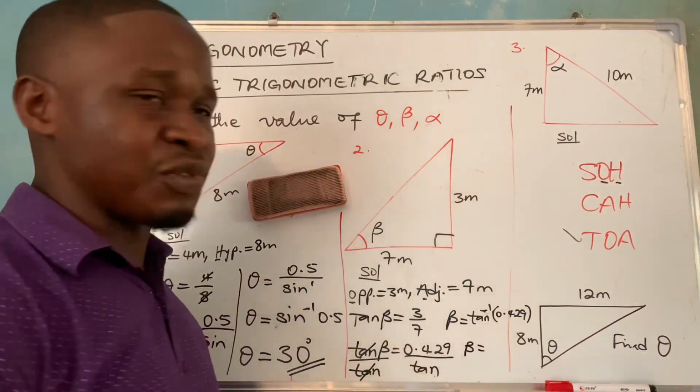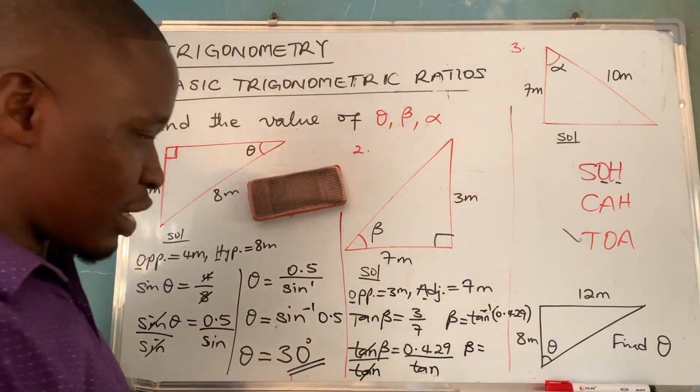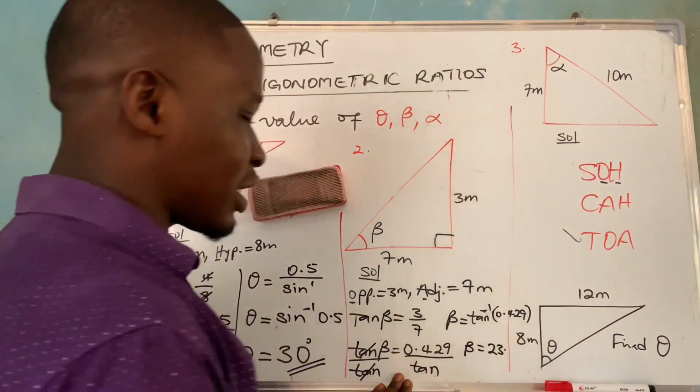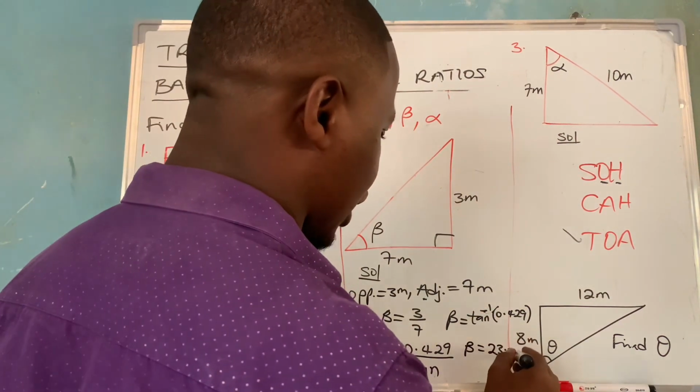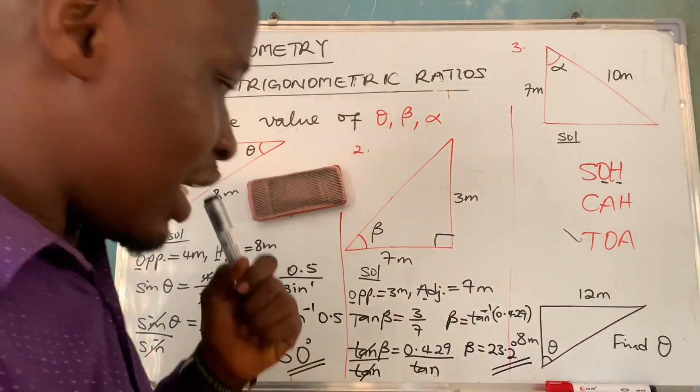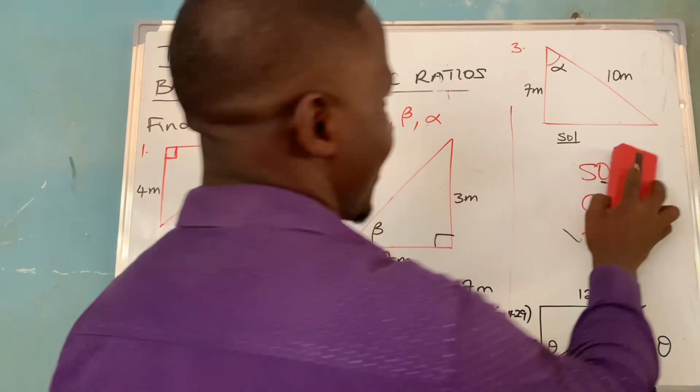So what do we get for beta? 23.219. So let us say 23.2 degrees. This is what we get for angle beta.